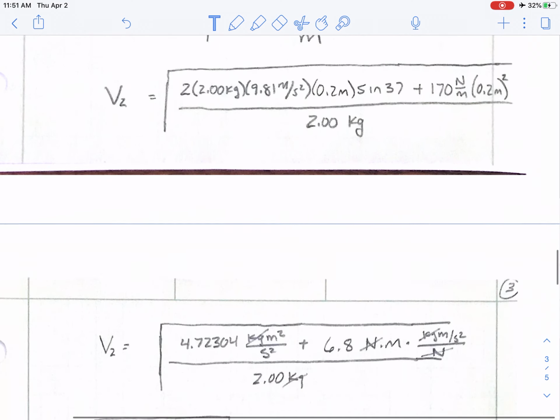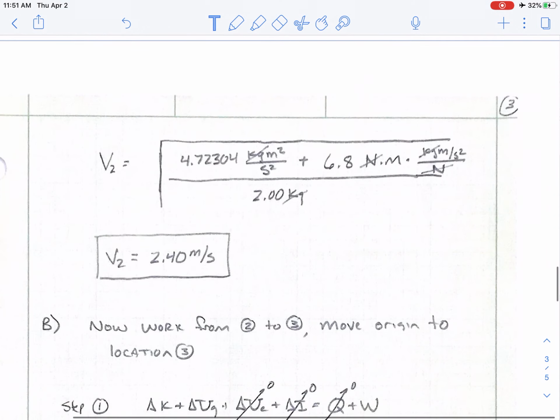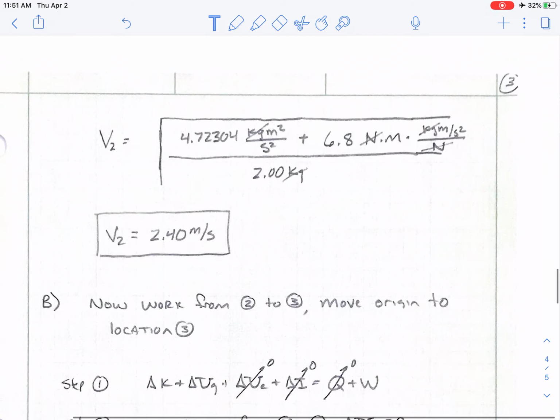When you take the square root, the answer should be in meters per second, as the units are also worked out here, and taking the square root gives us 2.40 meters per second. Okay, so that is how we find the speed of the object when it is passing through the relaxed position. We call that 0.2. And I'm going to explain the next part in a separate video.